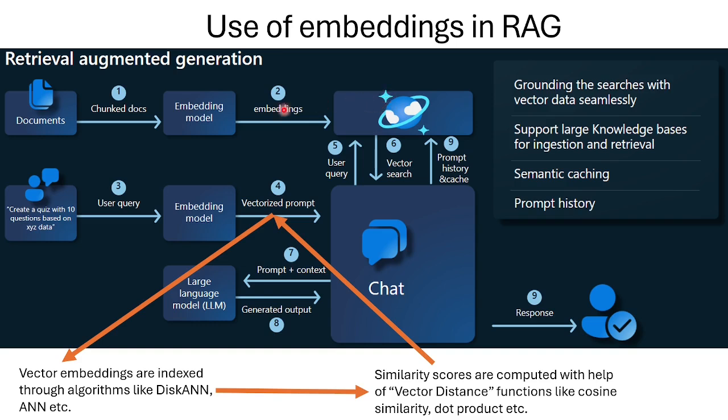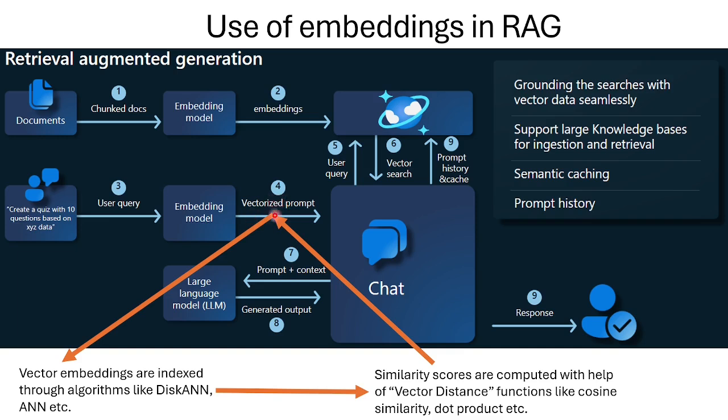in the document. Now, in the third step, let's say the user enters a query, as in create a quiz with 10 questions based on XYZ data. I send this user query to my embedding model, for which I get back high dimensional vectors.